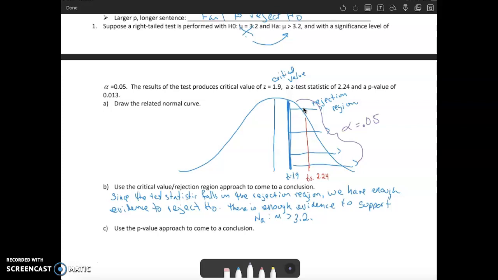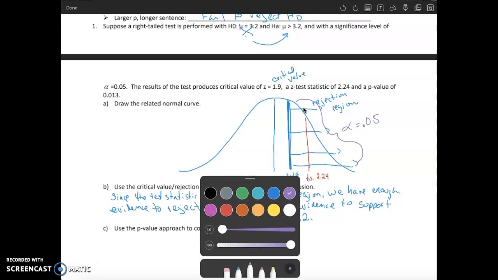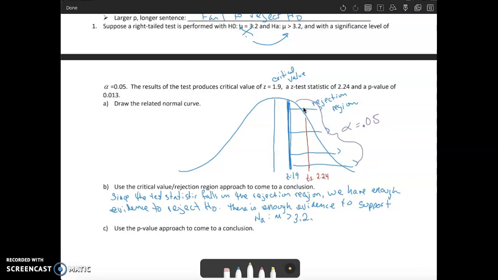So when p came out, it says as 0.013, what the p-value is, I need yet again a different color. Sorry, I'm trying to keep everything sort of its own color. I'm going to pick this weird orange color. So this area right here is the p-value of 0.013. So the area past that critical value is alpha, but the area past the test statistic is p.